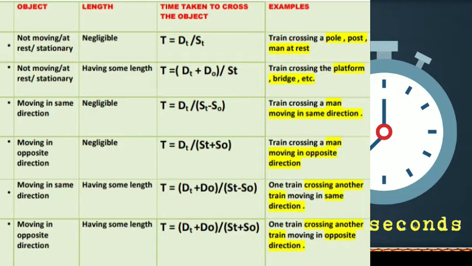If it has some length, then that will be added to the distance, because we will be taking total distance by relative speed. Relative speed is the difference of the speed of the train and the speed of the object if it is moving in the same direction, and the sum of the speeds if it is moving in the opposite direction.